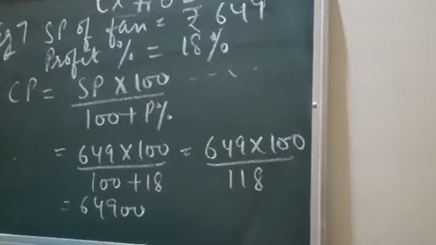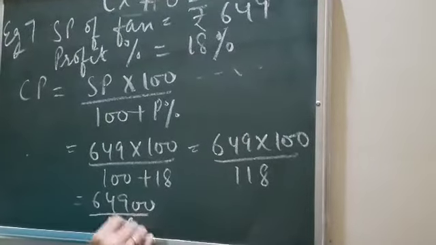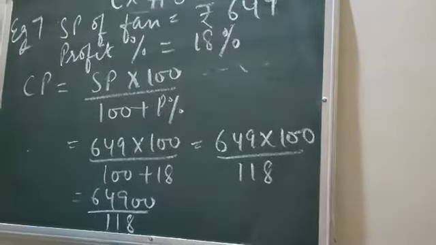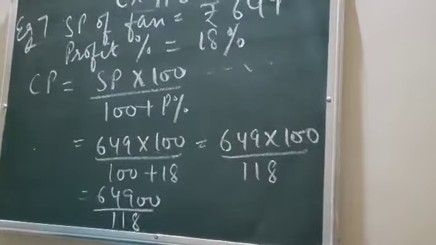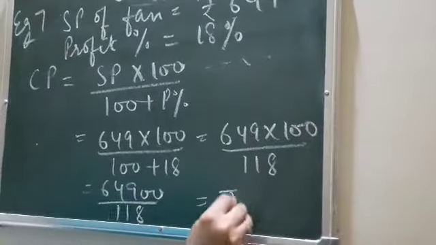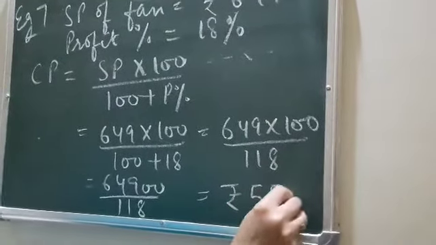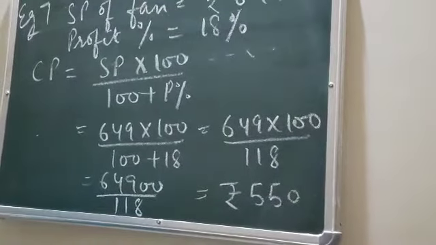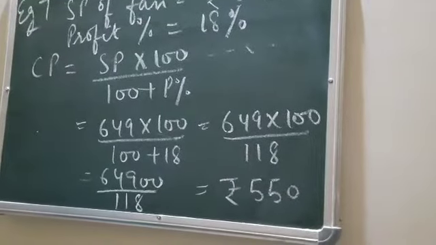So just multiply these and divide. Right? Approximately you will be getting rupees 550. When you divide these, you will get 550. So this will be your answer.